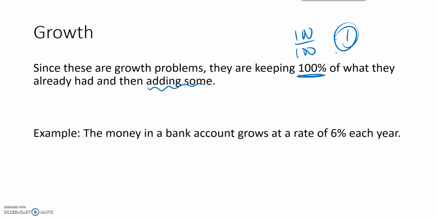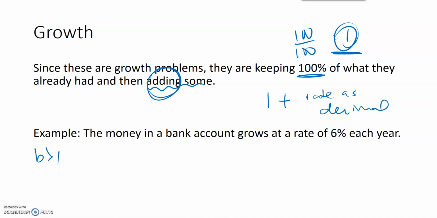So what we do is we take 1, because they're keeping 100%, and we add our rate as a decimal to it. That makes it bigger than 1. Remember, for growth, b has to be greater than 1. So what we're doing here is creating a b value that is bigger than 1 for our problems. So again, it's 100% plus whatever our rate is as a decimal.